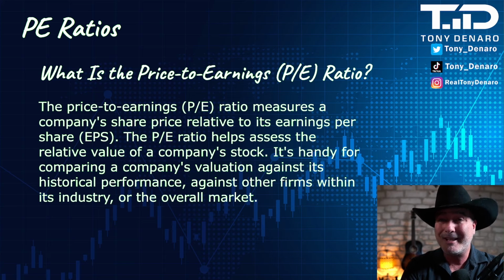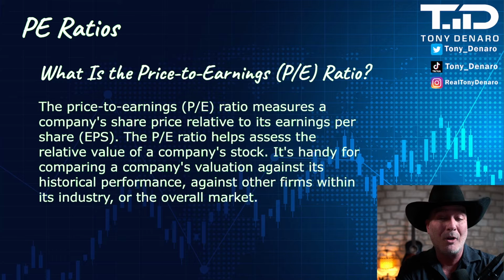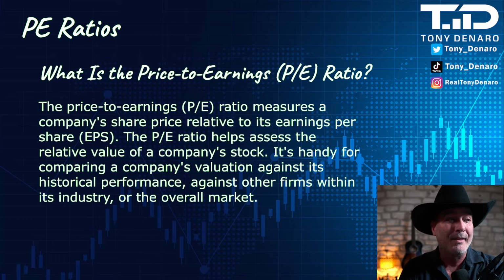So let's get the textbook definition out of the way. We'll read this together, and then I will walk you through a real-life example to drive this home. And hopefully it will all make sense to you when we're done. The price-to-earnings ratio, or the PE ratio for short, measures a company's share price relative to its earnings per share.